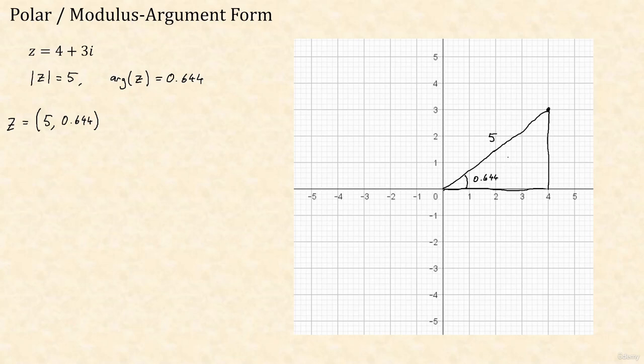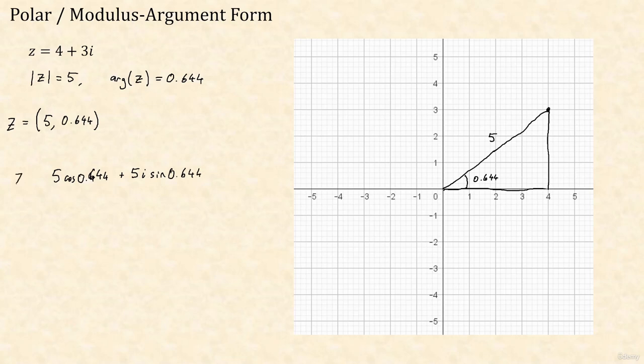Well, I would use trigonometry and I would say that the real part was 5 times cos of 0.644. So I could say the real part is 5 cos 0.644 and the imaginary part is 5 times sine of 0.644 times i. So I could say that's 5i times sine 0.644.